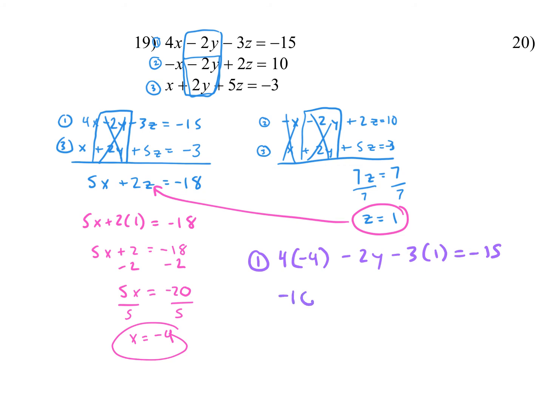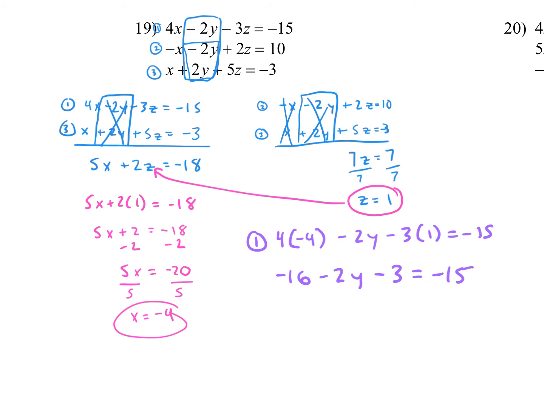So I have negative 16 minus 2y minus 3 is equal to negative 15. What should I do next? Combine like terms. So I have negative 2y minus 19 is equal to negative 15.